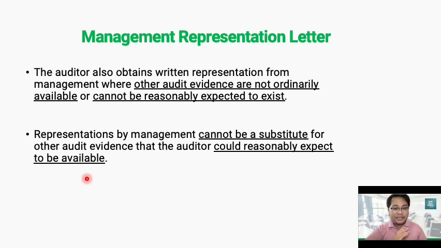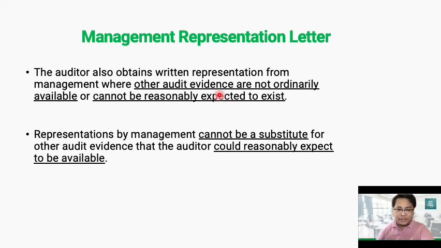The answer is no. We cannot ask for written representation for audit evidence that we could reasonably expect to be available. So normally, we limit the contents of the management representation letter to material or significant items where other audit evidence would not be available.